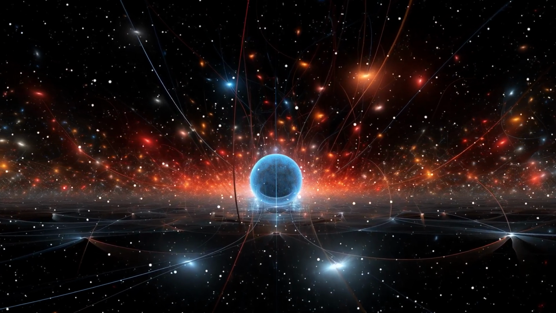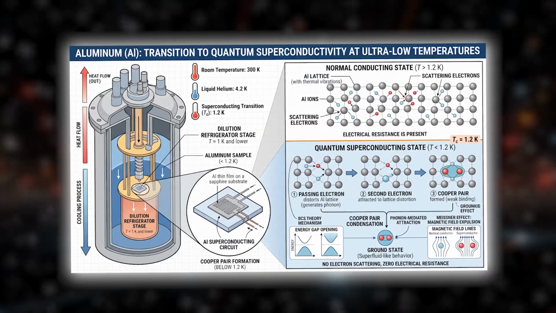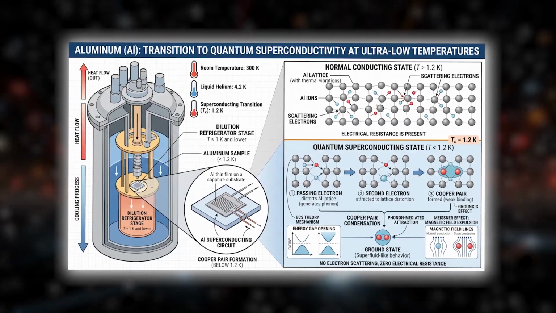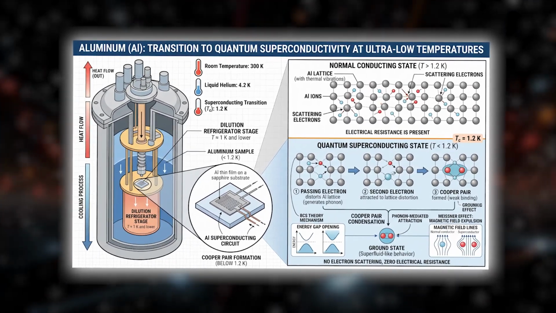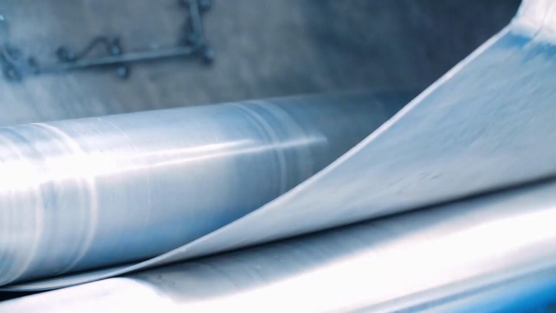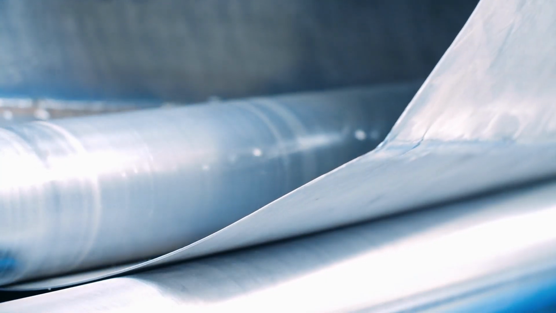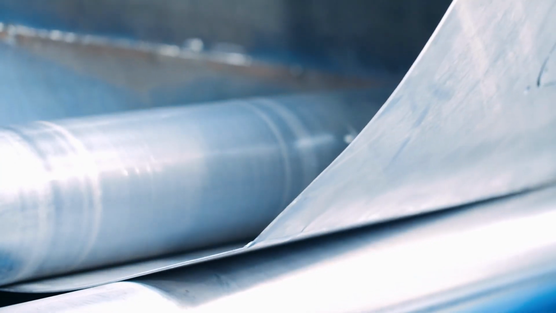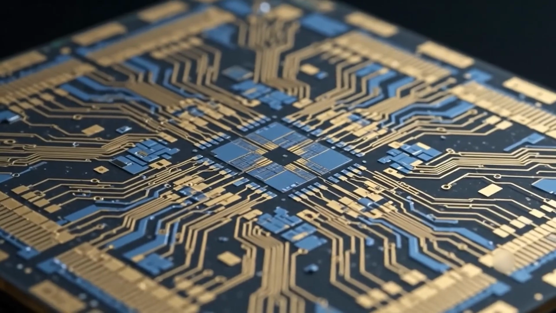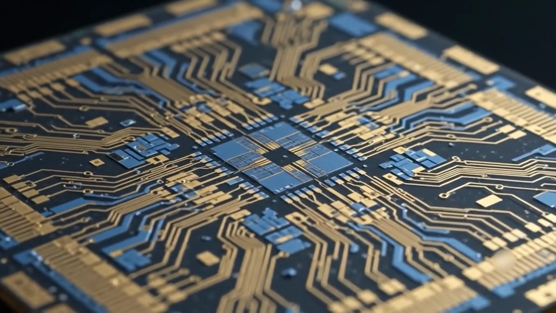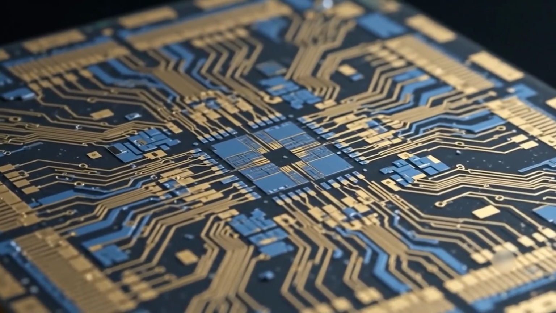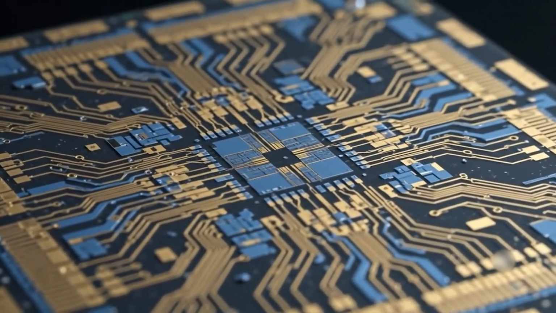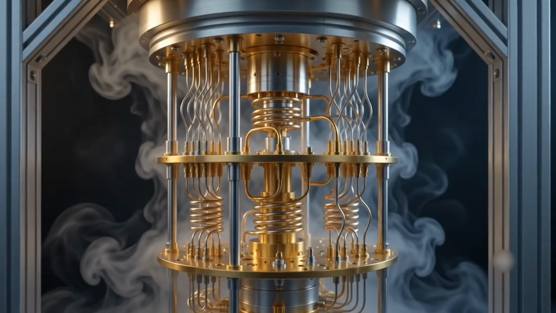Superconducting qubits, used by IBM and Google, are tiny circuits made from superconducting materials, typically aluminum, that exhibit quantum behavior when cooled to temperatures near absolute zero. At those temperatures, the circuit acts as an artificial atom, with discrete energy levels that serve as the qubit's 0 and 1 states.